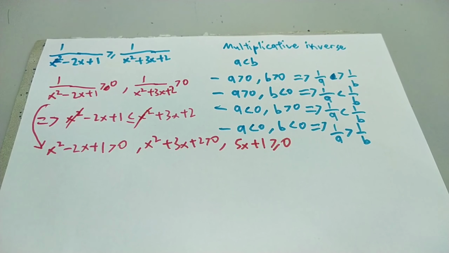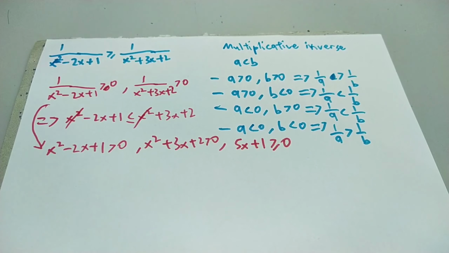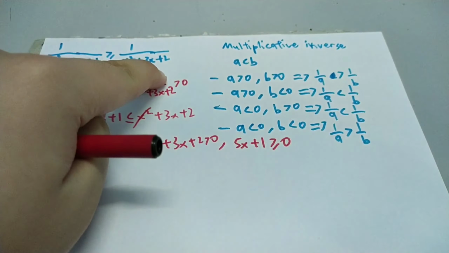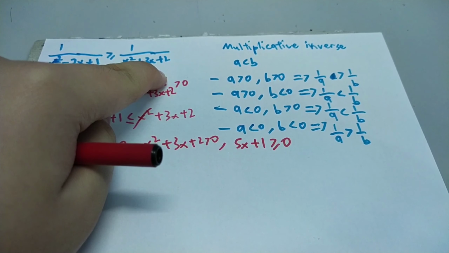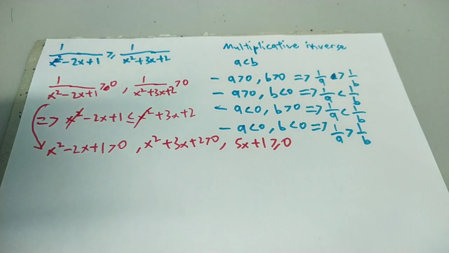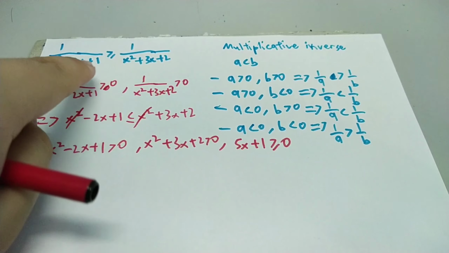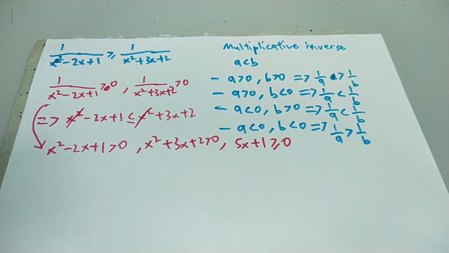And now here's the thing. When I plug in a value of x that satisfies a certain range into here, I have to make sure it's positive. And then I use the same value of x, plug it to here, I have to still make sure that it's positive. And because of this, the value of x must also satisfy this. Because when the value of x satisfies both of these inequalities, we can guarantee that when we flip, we can change the inequality sign.